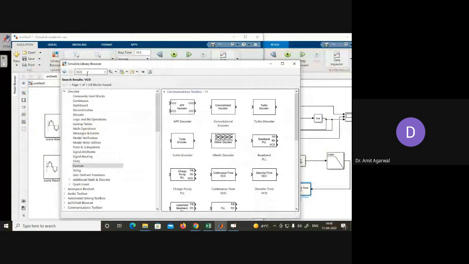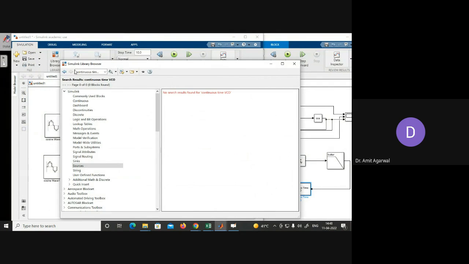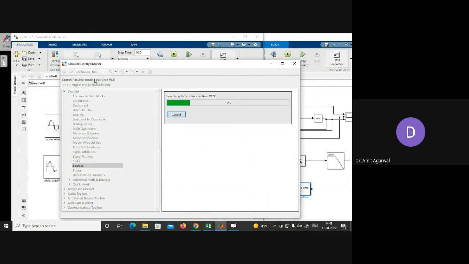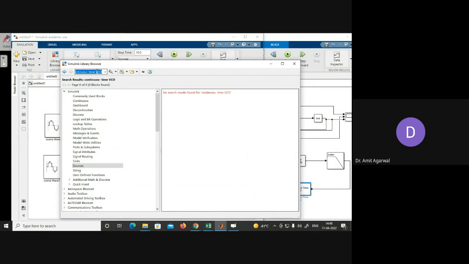Go to library browser. Continuous time VCO.